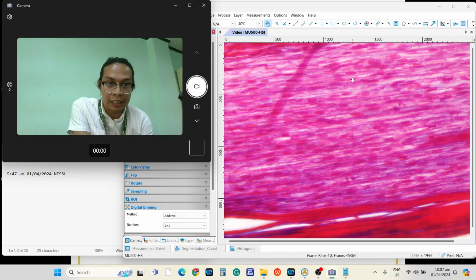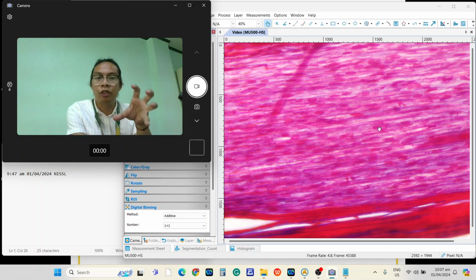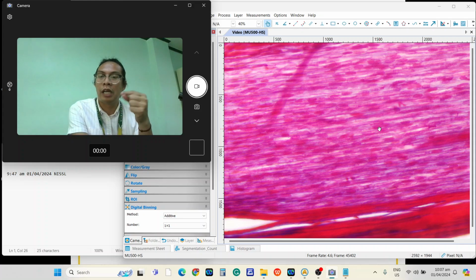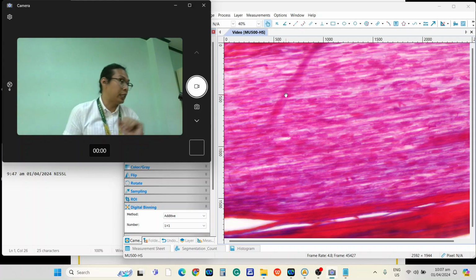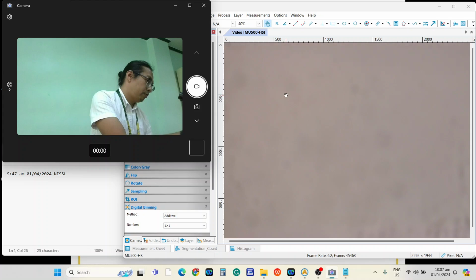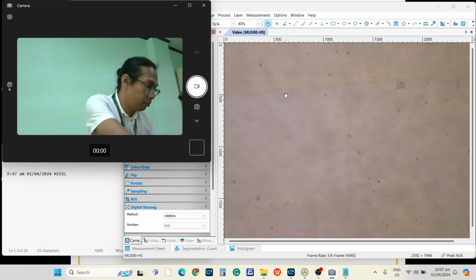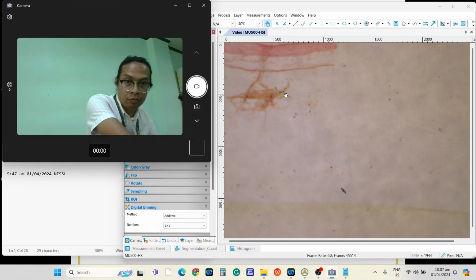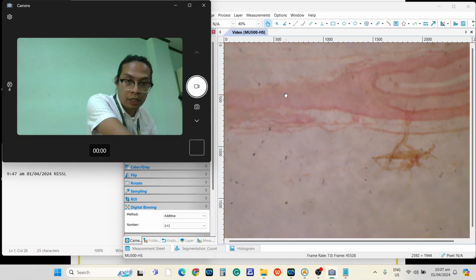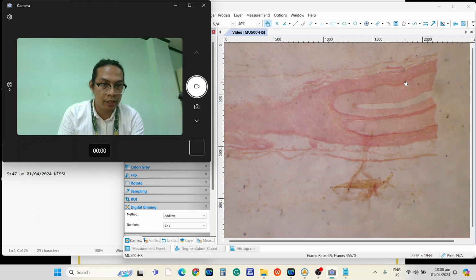So makikita natin siya as a singular fiber. Hindi natin ma-appreciate yung nerve bundles, yung nerve fascicles dito kasi longitudinal section. Tingnan natin siya under a cross section. This again is a myelinated neuron. So that is a neuron. Nerve fiber, this is the nerve fiber.